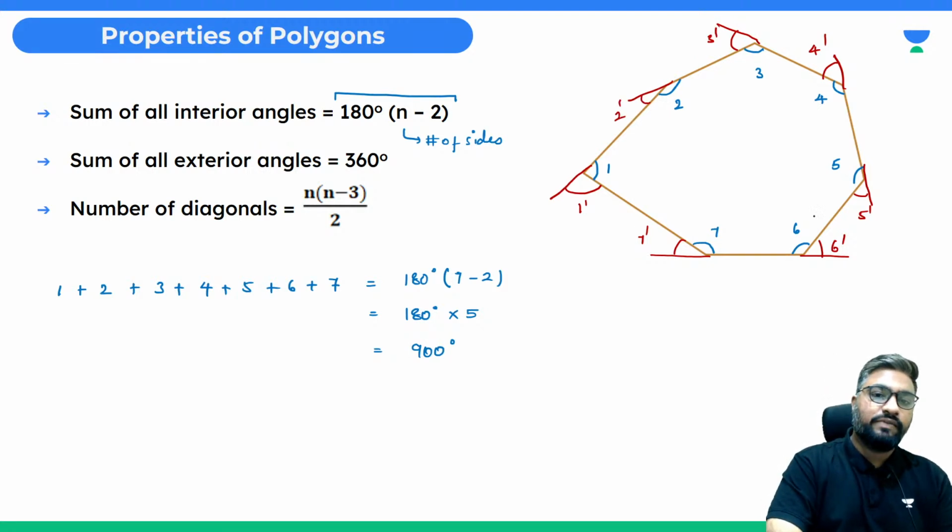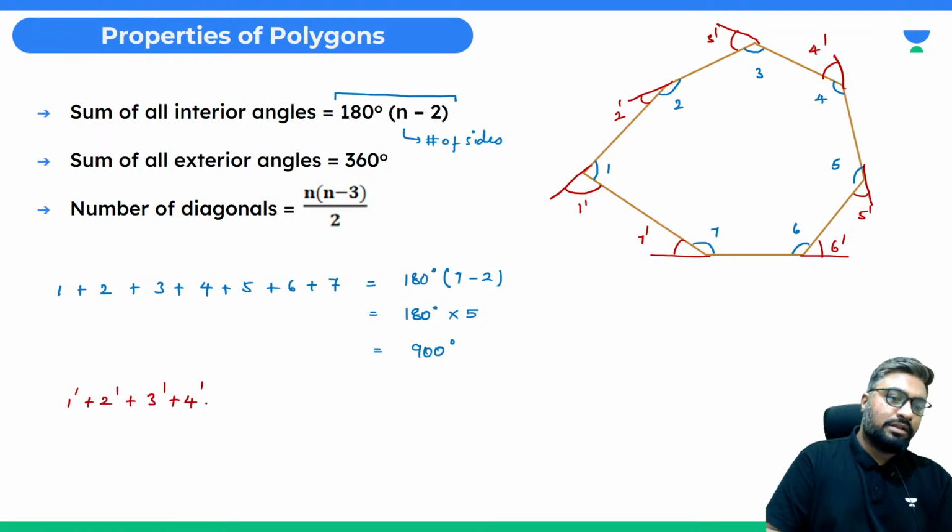Yes, the sum of all of these exterior angles will always be equal to 360 degrees. Yes, this applies for any polygon. Any polygon, the sum of all the exterior angles is always equal to 360 degrees.